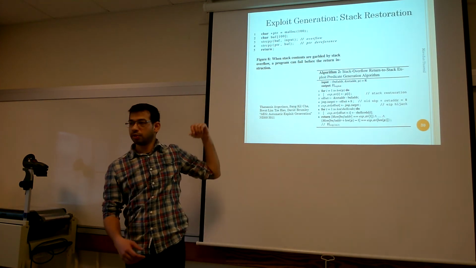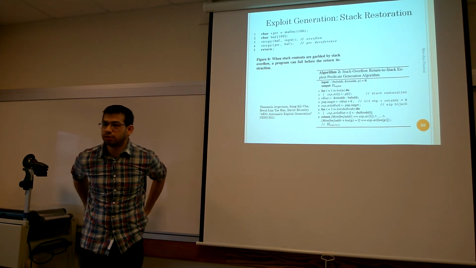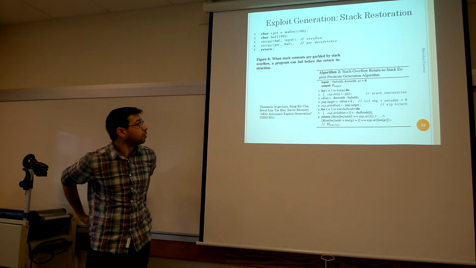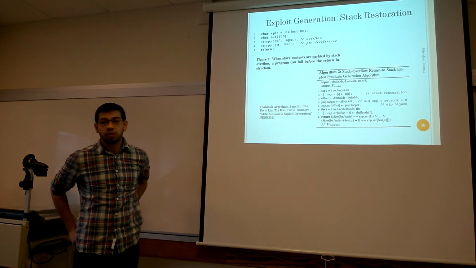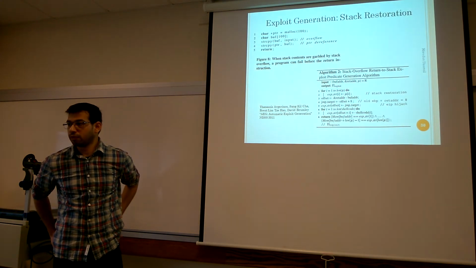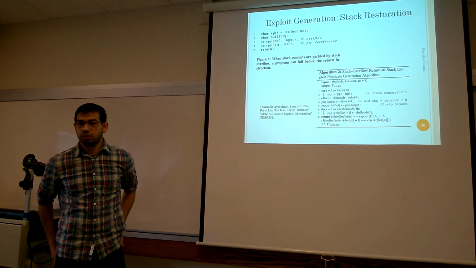Do people see why that happens? Because we are overriding all of those. Yeah. So the pointer PTR up there is a stack variable. And in order to overwrite the return pointer, we overwrite that stack variable as well. So its value is corrupted by us as a part of making our buffer overflow large enough.